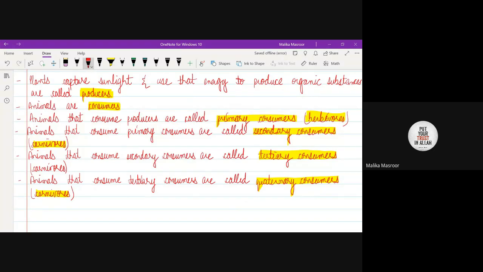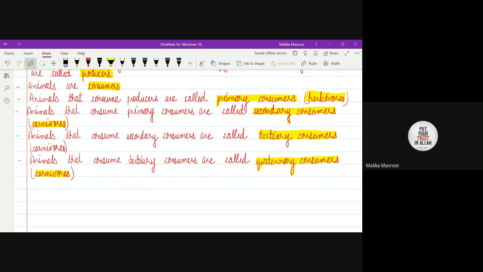Organisms that get their energy by feeding on dead and decaying bodies of other organic material, often plants and animals, are called decomposers.